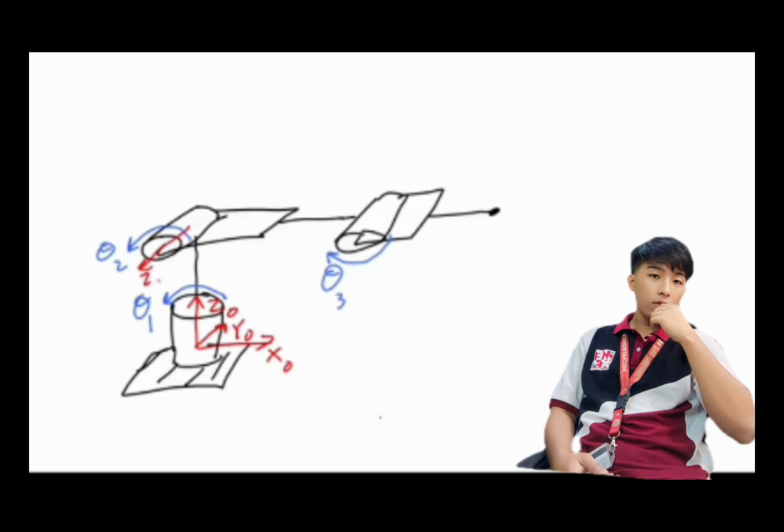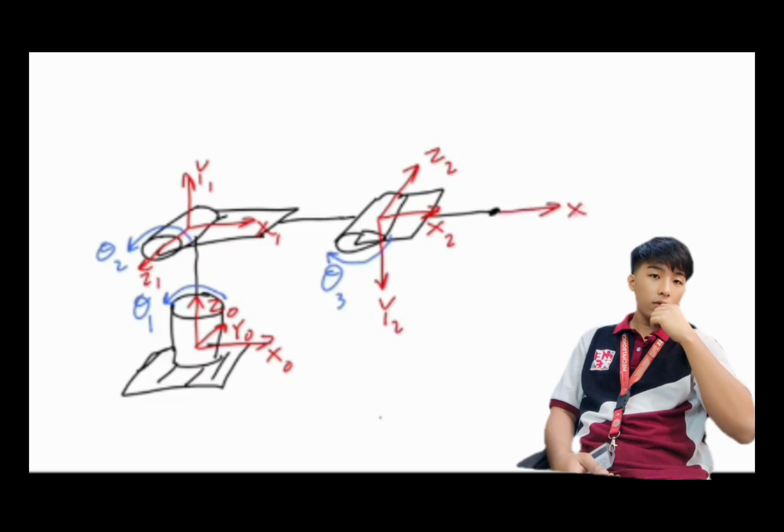From the second joint, z sub 1 is pointing to the front, x sub 1 is pointing to the right, and y sub 1 is pointing up. And from the third joint, z sub 2 is pointing to the side, x sub 2 is pointing to the right, and y sub 2 is pointing down.